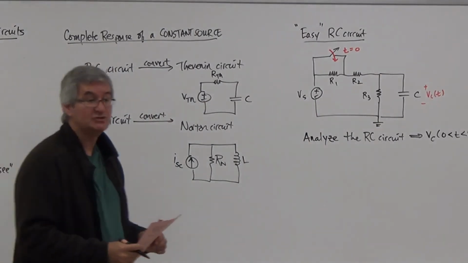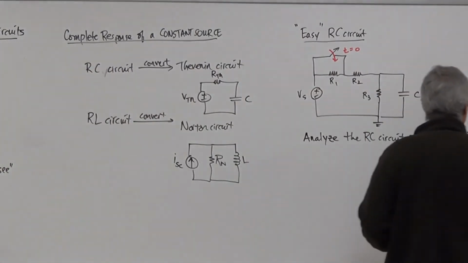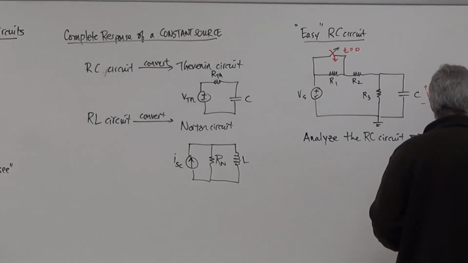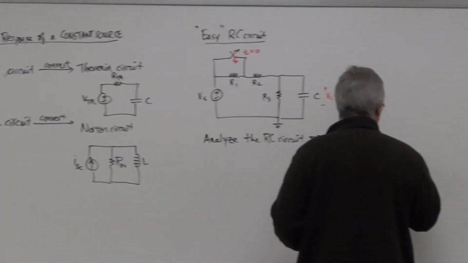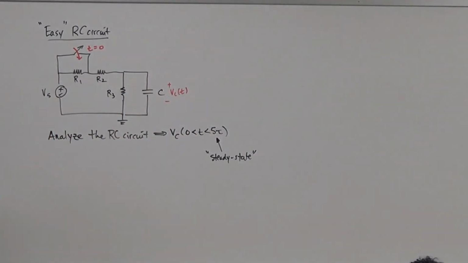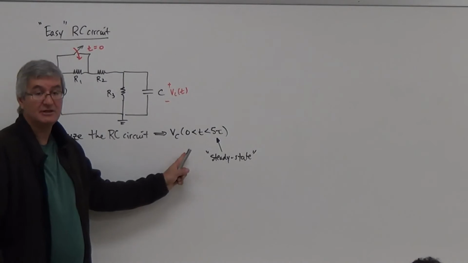And we assume here that at 5 tau, it's at steady state, or very, very close to steady state, and it's not changing very much. And so there are these sort of intervals that we'll look at. So this is what we're primarily interested in.